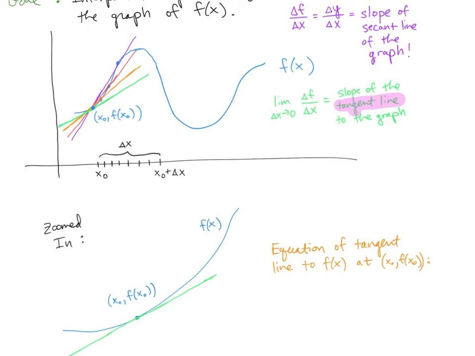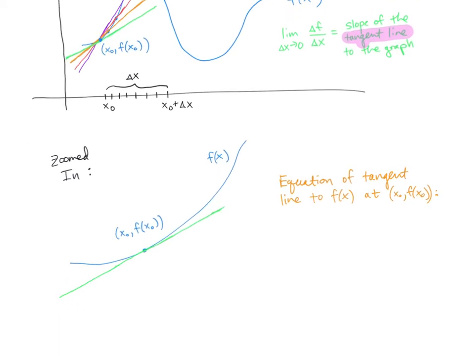So to summarize, our geometric interpretation of the derivative: the derivative is this limit of the change in f over the change in x. The geometric interpretation of that is that it's the slope of the tangent line to the graph at the point x naught, f of x naught. What that means is that the tangent line has two properties.